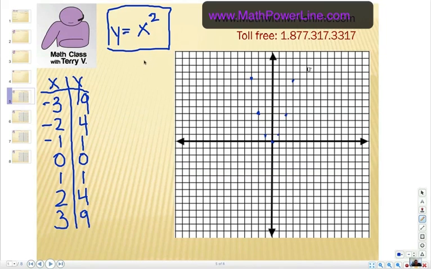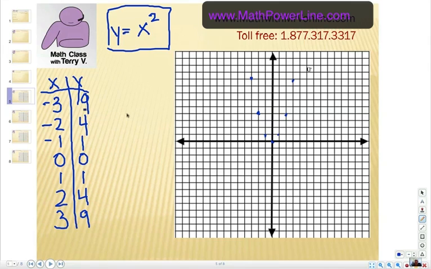So we're going to start today with actually a second video in this series, and it's about the parent function y equals x squared. Now these will result in a U-shaped graph, which is called a parabola. Now as you can see, I have an xy chart, and I have some selected values for x: -3, -2, -1, 0, 1, 2, and 3. Now as I calculate those and I square those values, the y values of course become 9, 4, 1, 0, and 1, 4, 9 again.